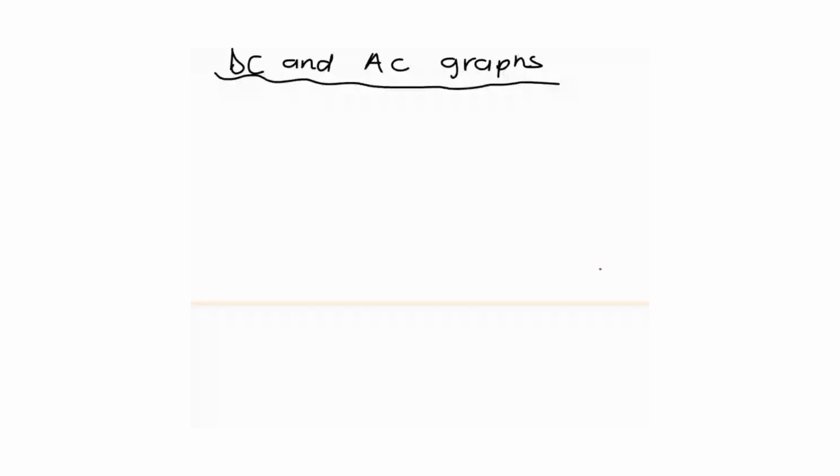It can be an EMF graph, a current graph, or magnetic flux, but in all cases the graphs will be the same. With DC and AC we have graphs that represent each, so I'm going to draw a graph of DC and AC for you to see the difference and be able to identify the two.